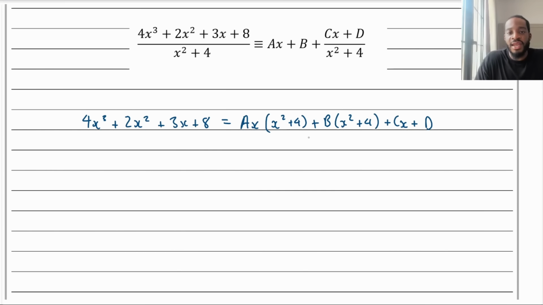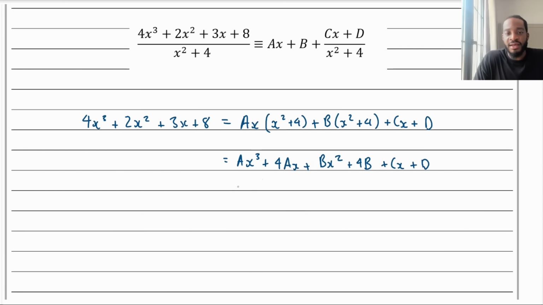Okay. Now, when equating coefficients, you just want to get the same structure. So I'm going to expand the right-hand side and get it in the form of ax cubed plus bx squared plus cx plus d. If I expand, I'm going to have ax cubed plus 4ax plus bx squared plus 4b, and then plus cx plus d.